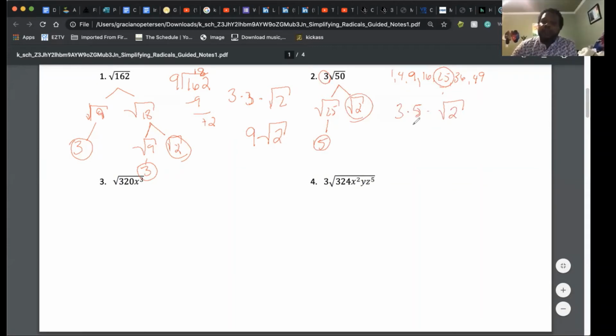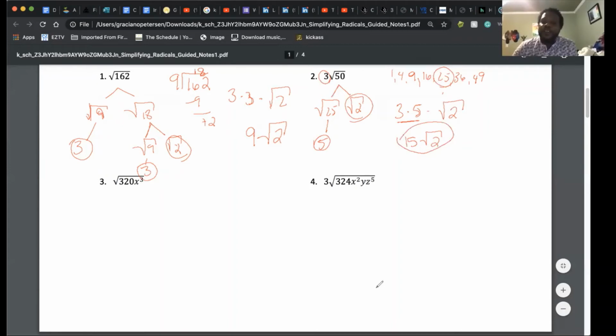So again, to simplify this, I need to multiply these two numbers together. What's 3 times 5? 3 times 5 is 15. So my answer here is 15 square root 2. Undo that circle. I don't want it to get in the way of you understanding that 15 square root 2 is my answer.